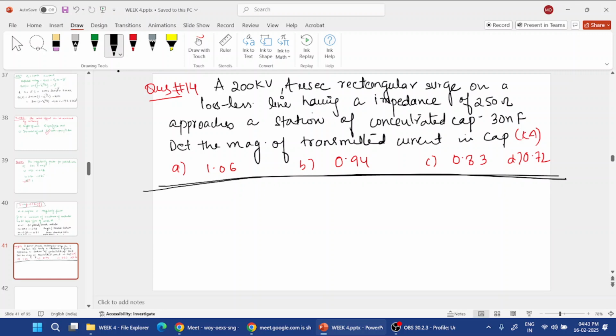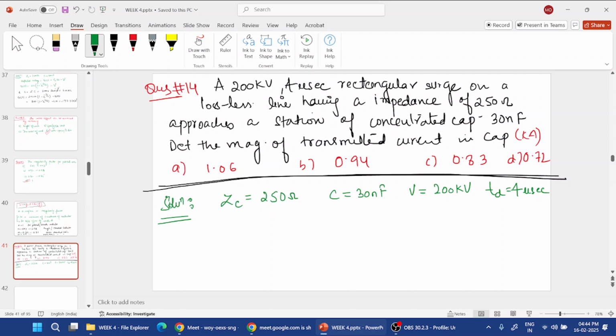So the solution to this: what is given here is 250 ohm the surge impedance, C is 30 nanofarad, V is 200 kV, and T_D is 4 microsecond.